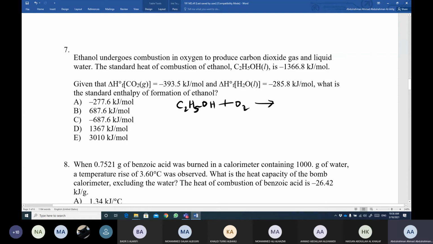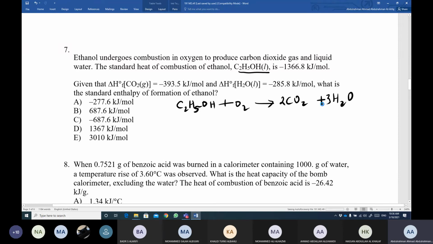Of course, any organic compound, when it reacts with O2, what is going to happen? CO2 plus H2O. What's the next step that you must know? Balance the equation. So this is 2, and this is 3. And that's it, it's balanced now.